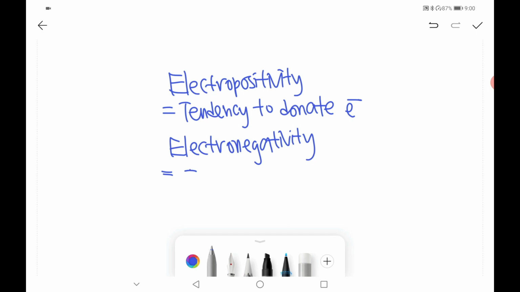Electronegativity is the tendency to receive electron, because when a substance receives electron, it becomes a negative ion. Something neutral that donates electron becomes a positive ion; something neutral that receives electron becomes a negative ion. If the substance loves to donate electron, it is very electropositive. If it loves to receive electron, it is very electronegative.